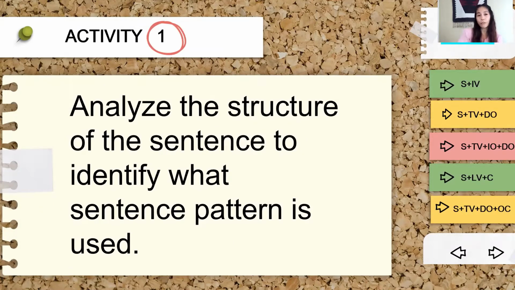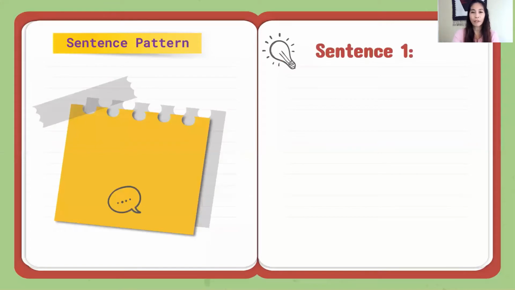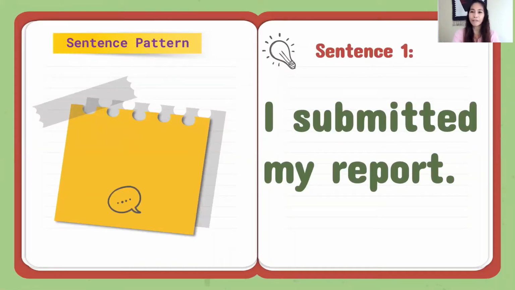For activity 1, you will analyze the structure of the sentence to identify what sentence pattern is being used. And for sure, since you have already learned this, you can identify it very easily. Piece of cake, right?